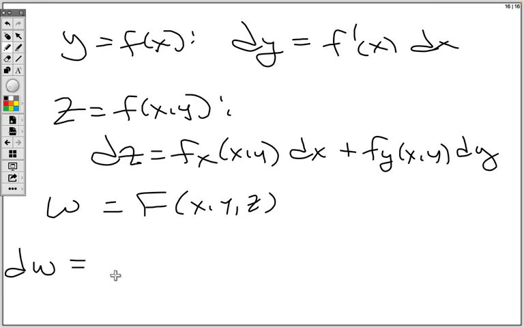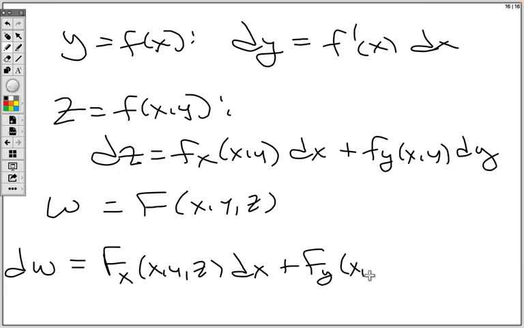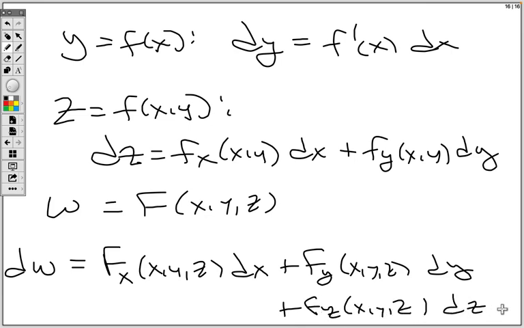When you're going from 2 to 3 dimensions, all you're going to do is tack on a what? Tack on a z. So you're going to have your rate of change of f with respect to x times your change in x, plus your rate of change with respect to y times your change in y, plus your rate of change with respect to z times your change in z.